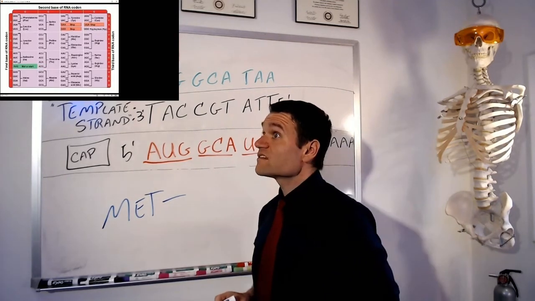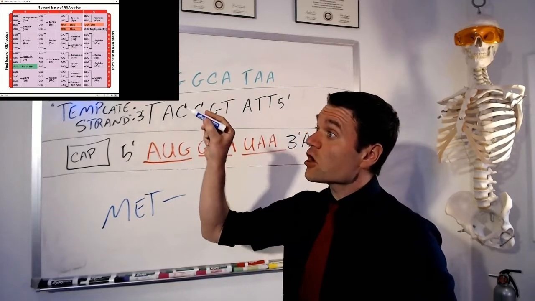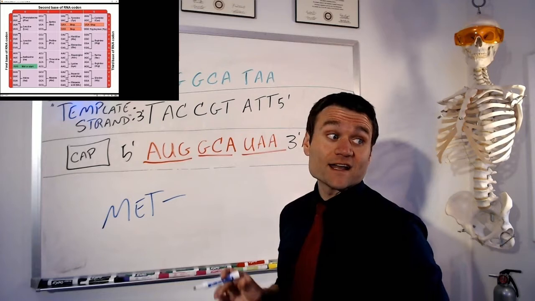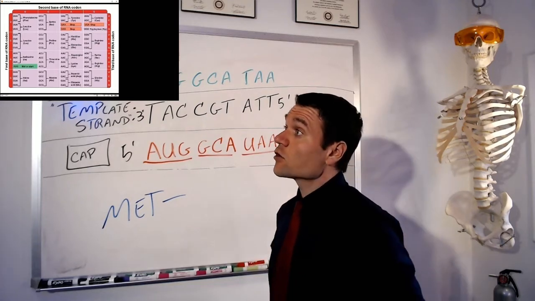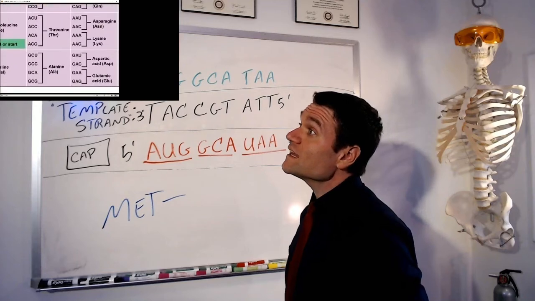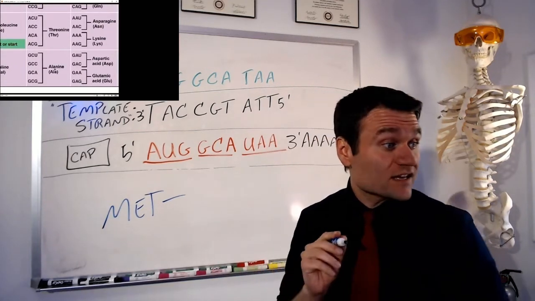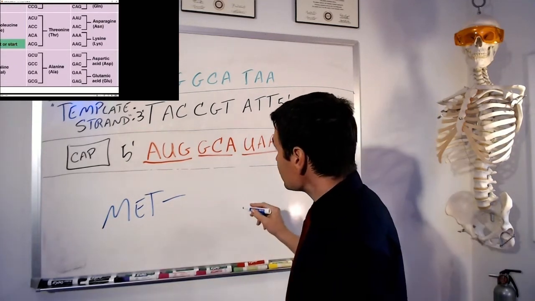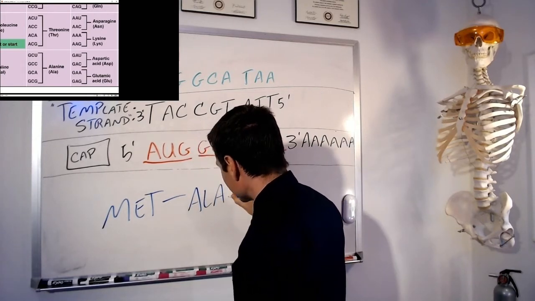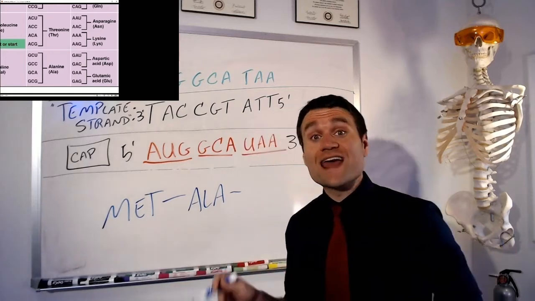Next one, GCA. Let's take a look. Now on this chart, G is the bottom letter on the left-hand side, and C is the second letter going across the top. So if we zoom into that segment right here, we should be able to see, yep, right there, GCA gives us an amino acid called alanine, which is abbreviated as ALA.